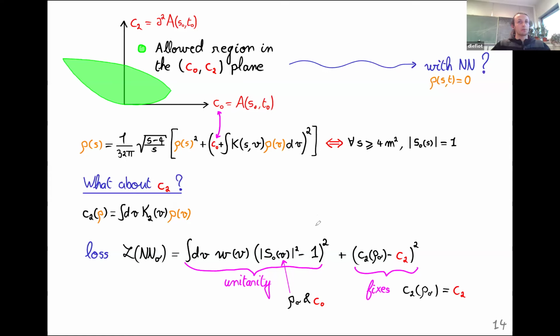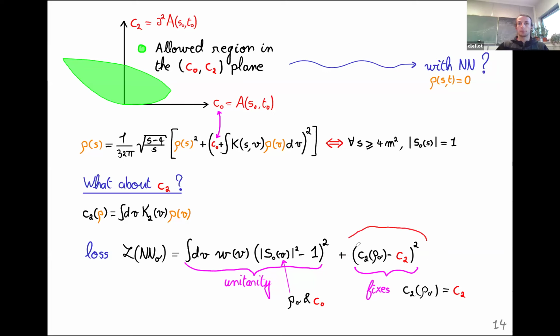So one simple trick we can use is to add a new term to the previous loss I showed. This term is the current value of C2 computed from the neural network minus the target value that we want, and of course, everything squared.